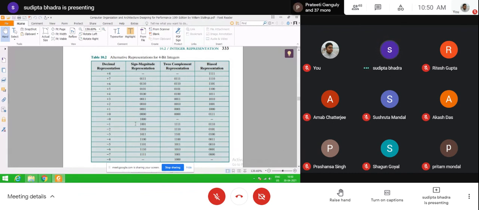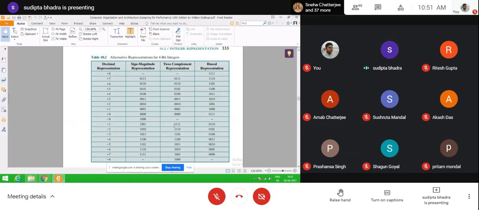Now let us see the particular minus 1. Here you see in sign magnitude minus 1 is represented as 1001. The a3 bit is the sign, and the rest 3 bits, a0, a1 and a2, represent the magnitude.